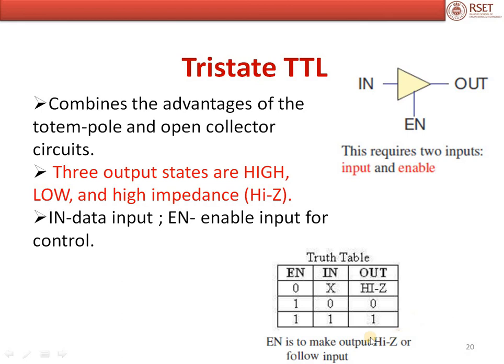So this is the corresponding truth table. If the enable is 0, whatever be the value of input, the output is in the high impedance state. When the enable pin is 1 and input is 0, output is 0. Enable pin is 1, input is 1, the output is 1.